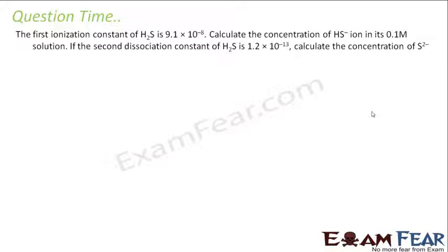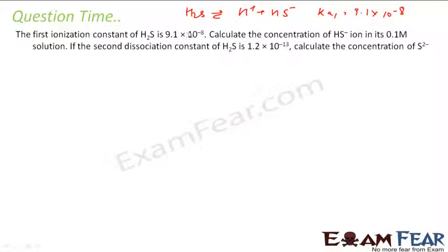The question says the first ionization constant of H2S is 9.1 into 10 to the power minus 8. So I have H2S. It gives H plus and HS minus, and for this Ka1 is 9.1 into 10 to the power minus 8.